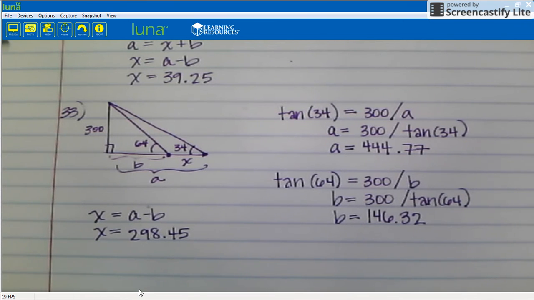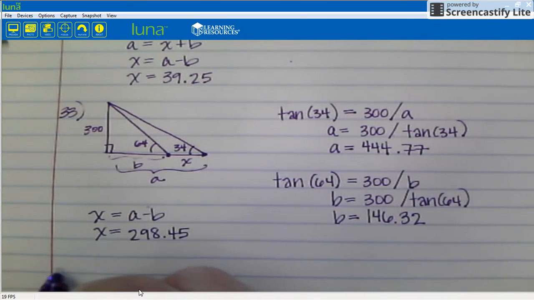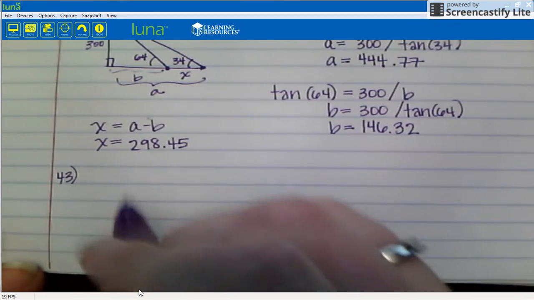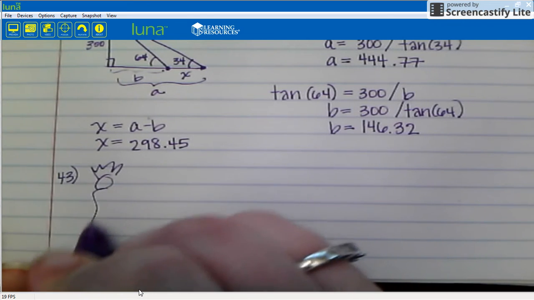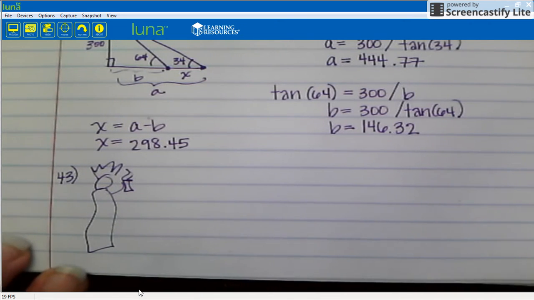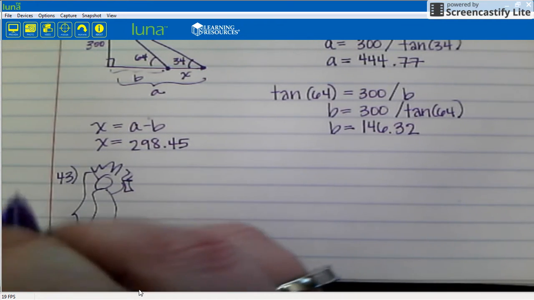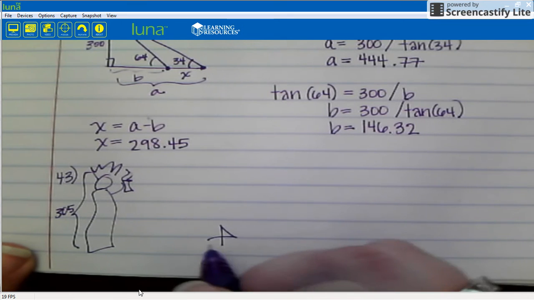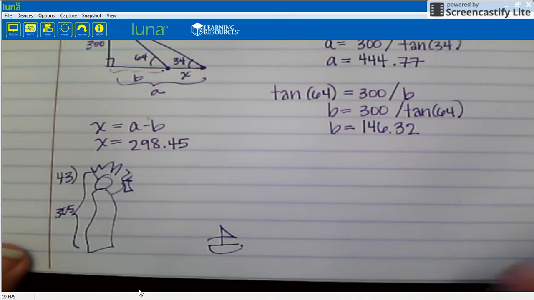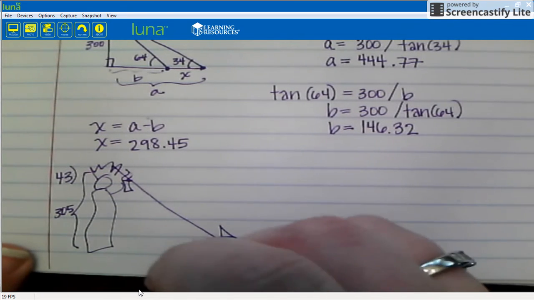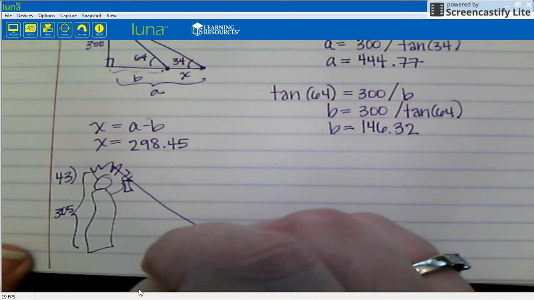Now, skipping over to number 43, you are told that the height of the Statue of Liberty, so we have the Statue of Liberty, she's holding the torch, is approximately 305 feet tall. And there is a boat, and their angle of elevation to the top of the Statue of Liberty is 23.7 degrees.